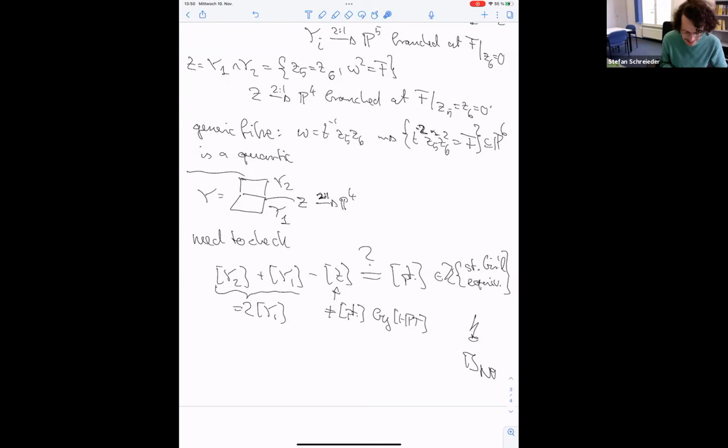Just in such a free abelian group, there's no way that you can find a class y1 such that 2 times y1 minus z would be the class of a point, because z is not the class of a point. And one way of seeing this is that if such an identity were true, I can tensor everything with Z mod 2, just in this free abelian group, and this would go away. And then I would see that in the free abelian group over Z mod 2 that is generated by stable birational equivalence classes, the class of z would be the class of a point.